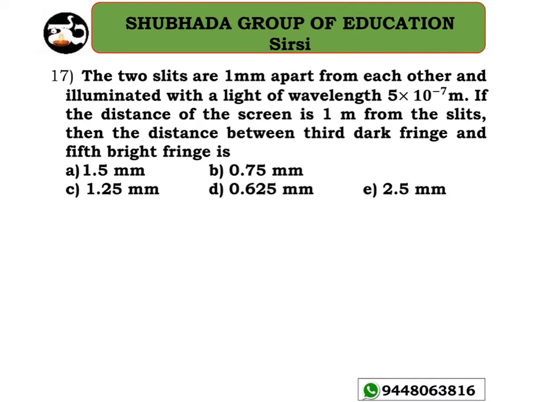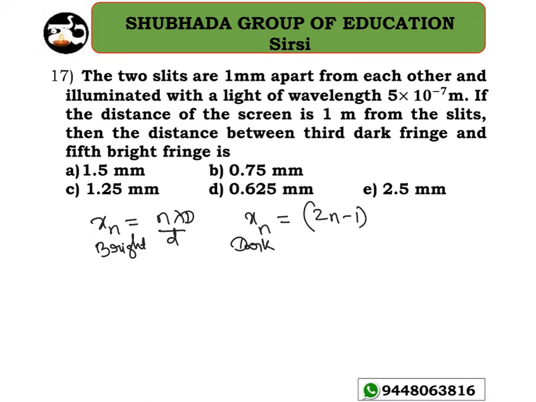This is the problem based on Young's double slit experiment. As you know, the distance of the nth bright fringe is equal to n times lambda D divided by d, and the distance of the nth dark fringe is equal to 2n minus 1 into lambda D divided by 2d.